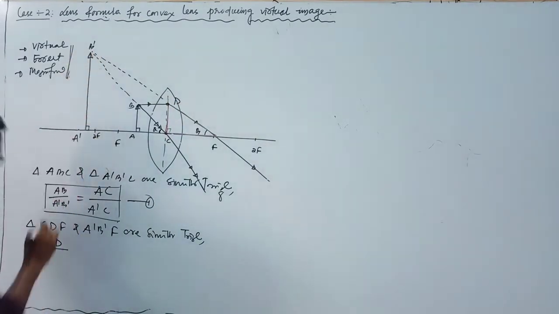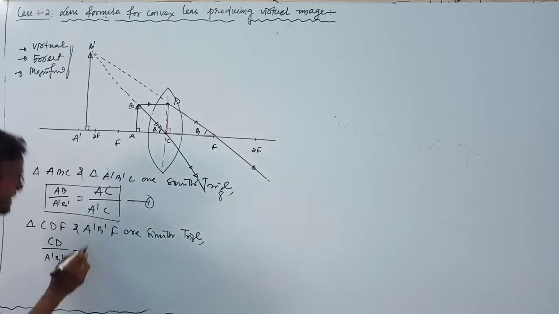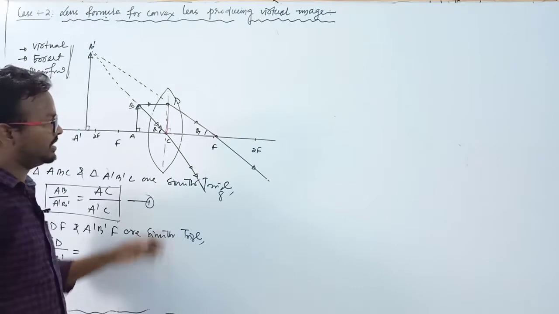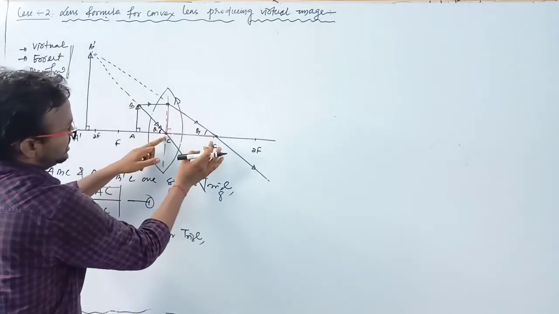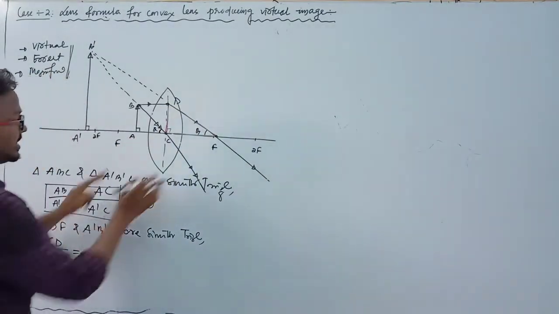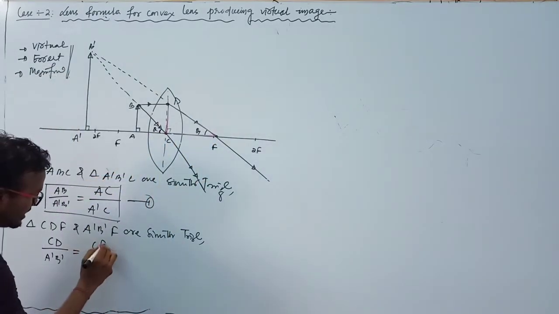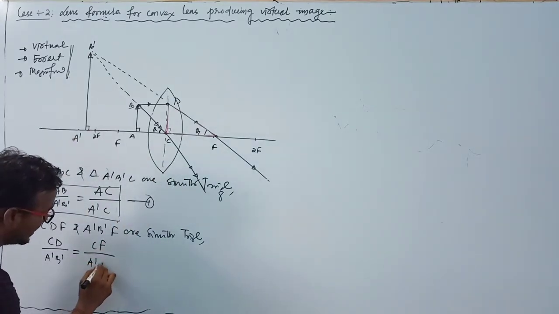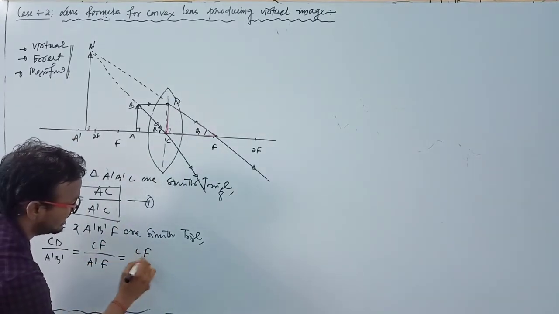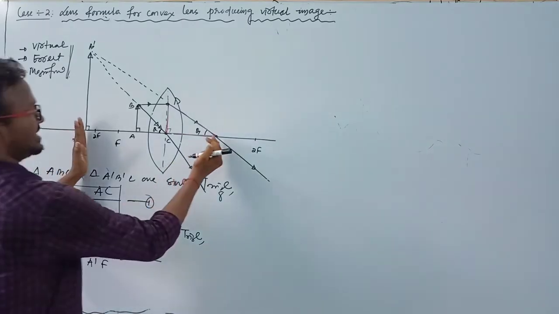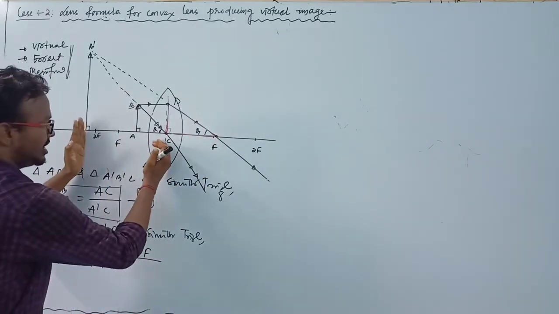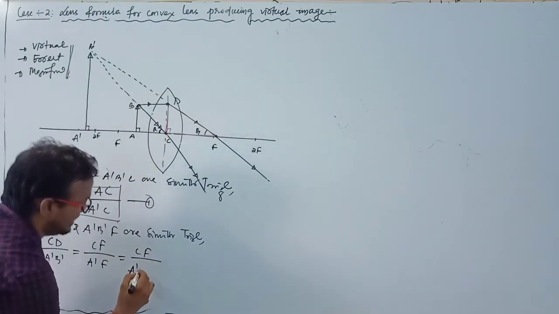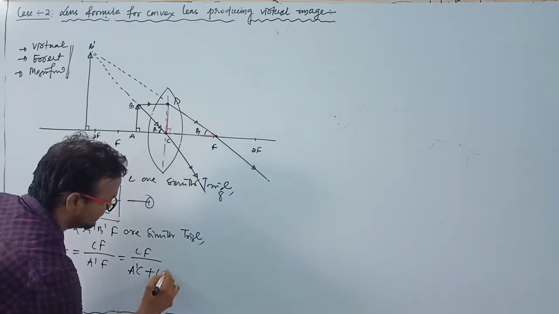For similar triangles we can write the relation CD divided by A'B' equal to CF divided by A'F, because F is the common point, so all the distances are measured from F. In place of A'F we can write A'C plus CF.